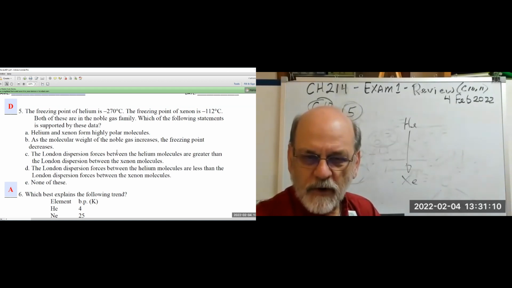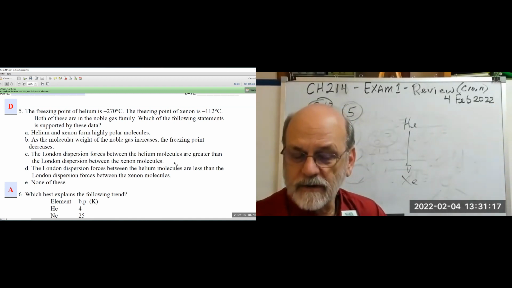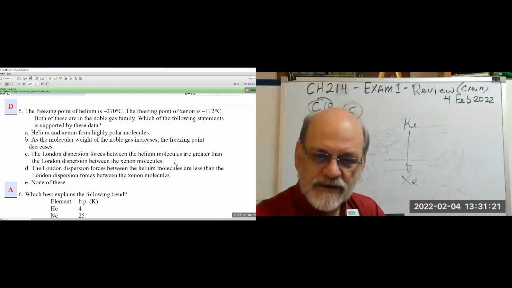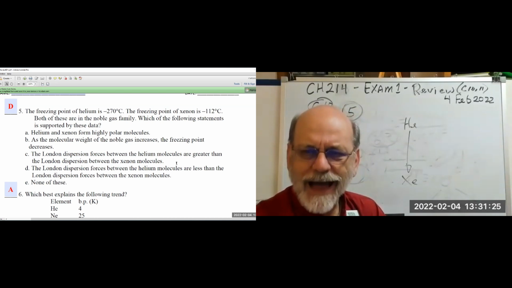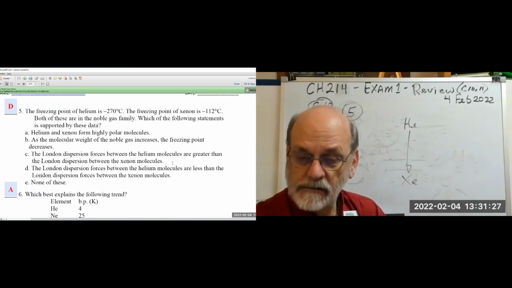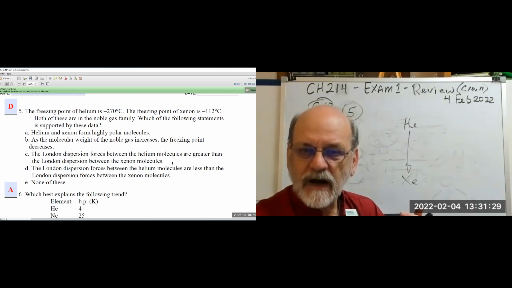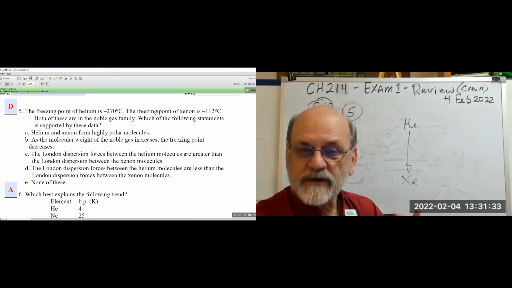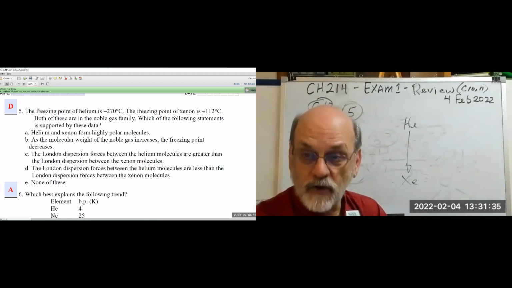So the London dispersion forces between helium molecules are greater than the London dispersion between, no, it's the other way around. The London dispersion forces holding the xenon atoms, it shouldn't say molecules, atoms together are greater for xenon because the freezing point is also greater.